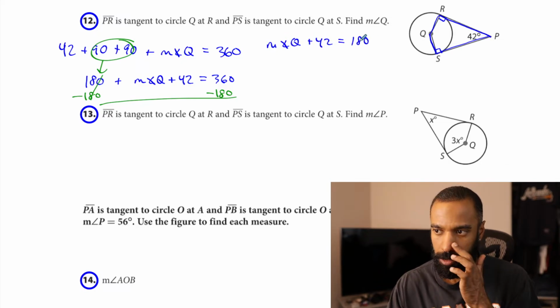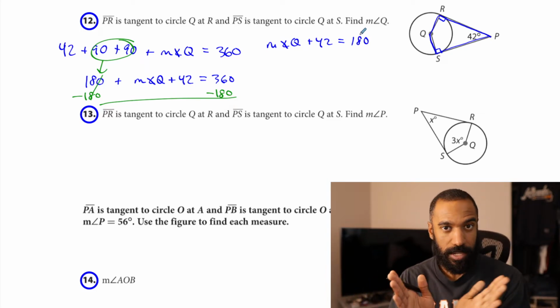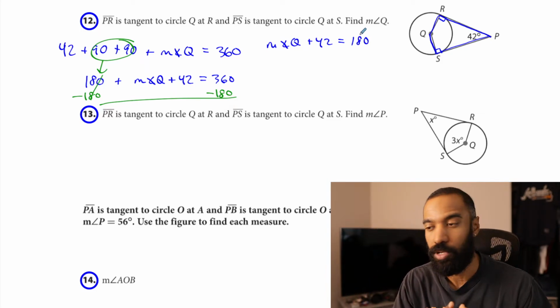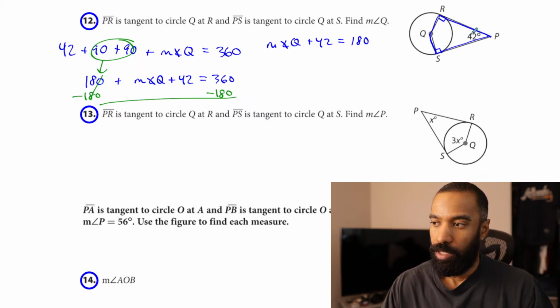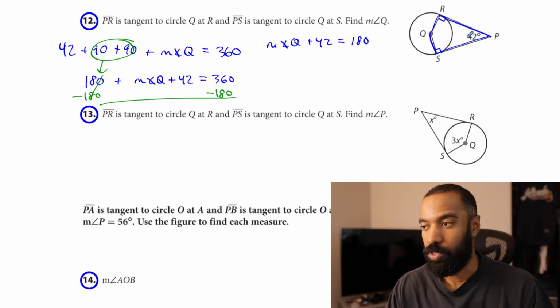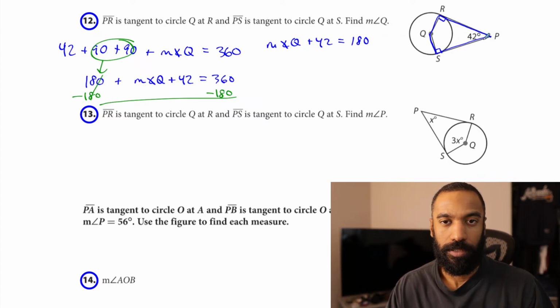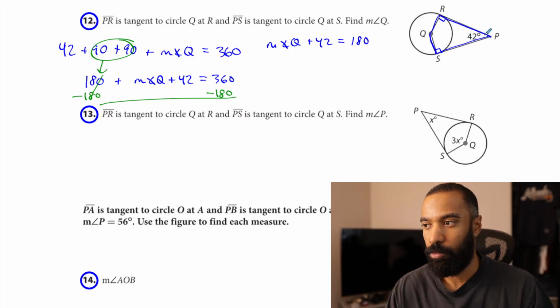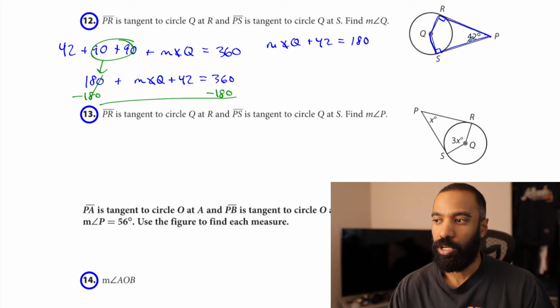And then what you're going to see here is the measure of angle Q plus 42 equals 180. And I bring about this because this will always happen when you have two tangent lines intersecting at the same point outside the circle. I'm sorry, I didn't mention what this was called. Your circumscribed angle right here, it's called a circumscribed angle because it's an angle that circumscribes your circle, touches it at one point. Your circumscribed angle and its associated central angle will be supplementary to each other.